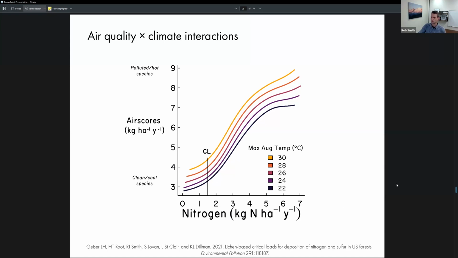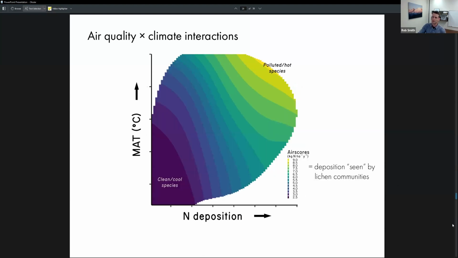So to view this in a different way, imagine that we're looking at the climate variable and the deposition variable in 2 dimensions, right? So this is that same regression I just showed you as a response surface rather than lines. Air scores increase with both deposition and mean annual air temperatures, or maximum August temperature, right?